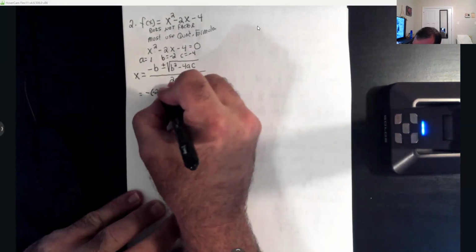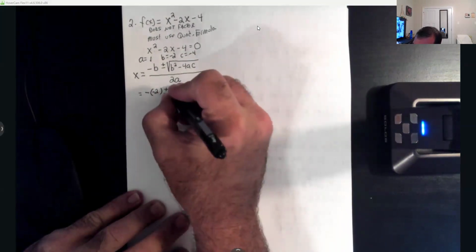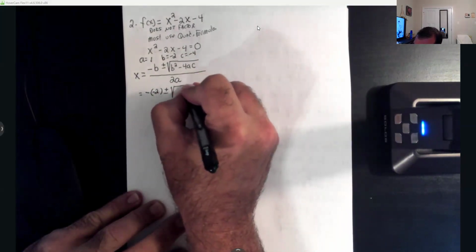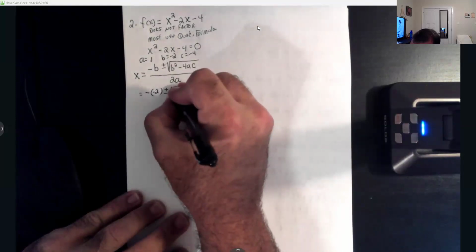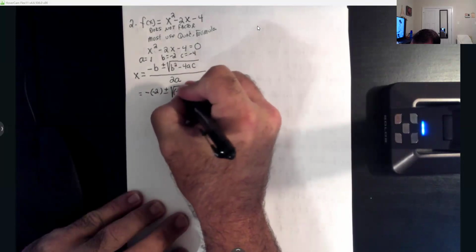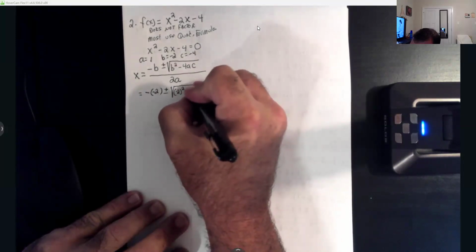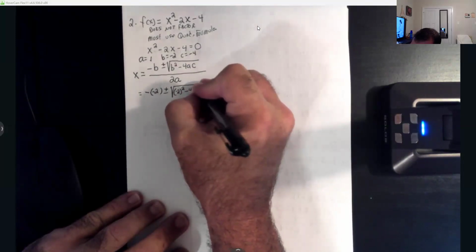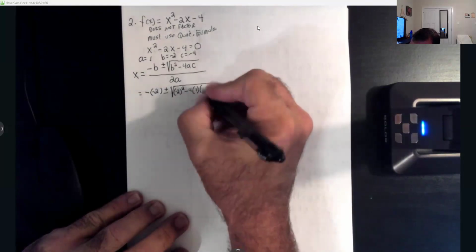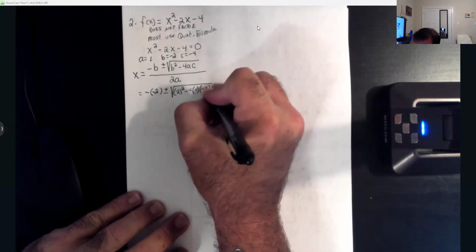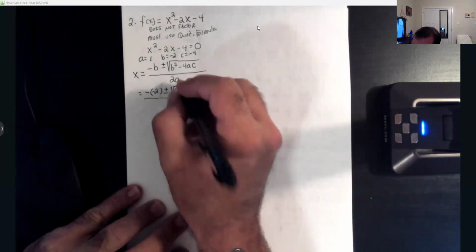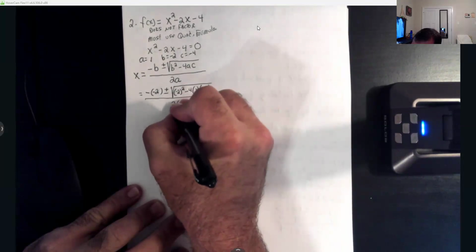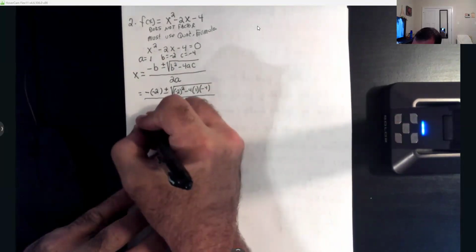And then you got your plus or minus square root of b squared. So that's going to be negative 2 squared minus 4 times a, which is 1, and c, which is a negative 4. Y'all, all of that over 2 times a, which is 2 times 1.